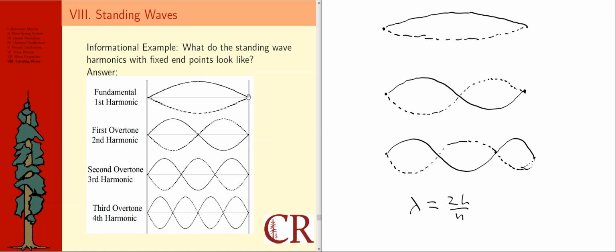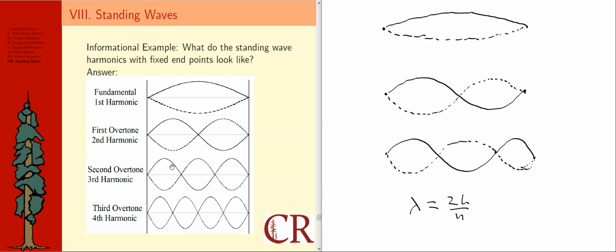So the full wavelength is actually double the length L. And the formula says 2L over 1, so that's 2 times L. For n equals 2, lambda is equal to 2L over 2, which is really just L. That aligns with this picture, where you see one whole wavelength between the two fixed endpoints.